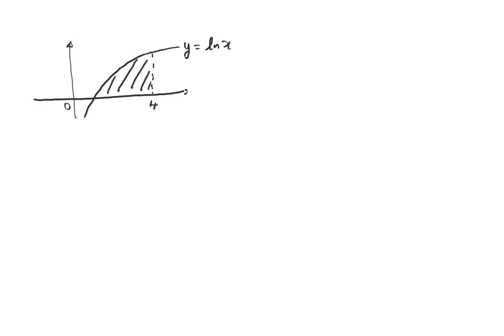Just how I mentioned, if the question goes like that, the question just gives you the graph. They say this is y equal to ln x. They ask you to find the exact area of the shaded region.